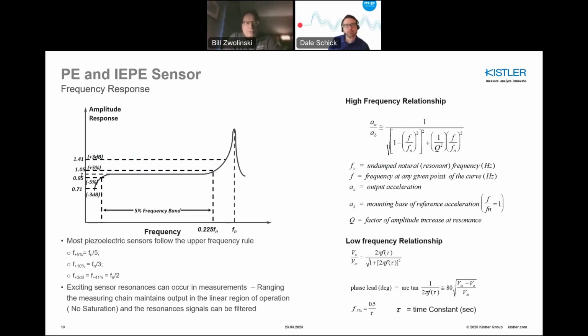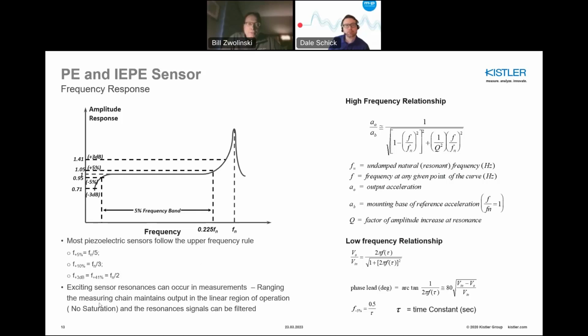In terms of a piezoelectric sensor, you typically talk about it as a lightly damped second order system with a single order high pass characteristic on the low end. Because it's a lightly damped second order system, you can often write closed form expressions which help to estimate the amplitude response of your vibration fixture.